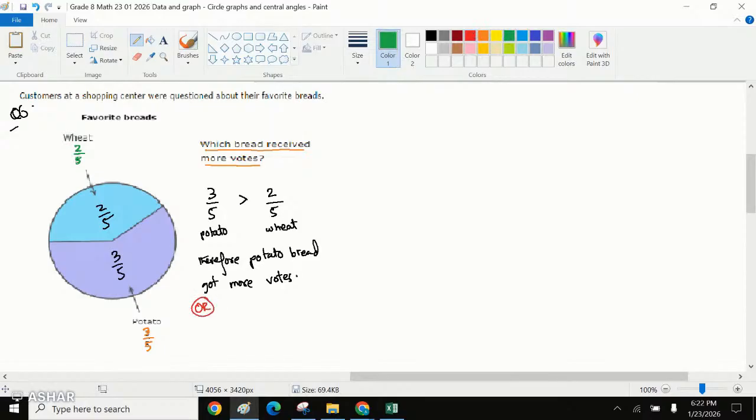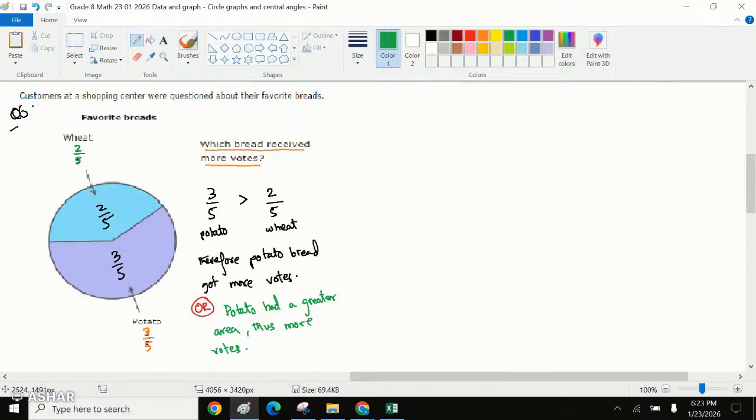Or what we can say is potato had a greater area, thus more votes, right? The greater the area, the greater the value.